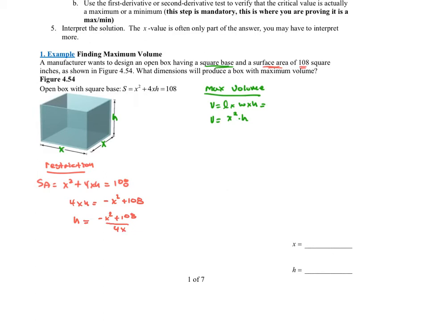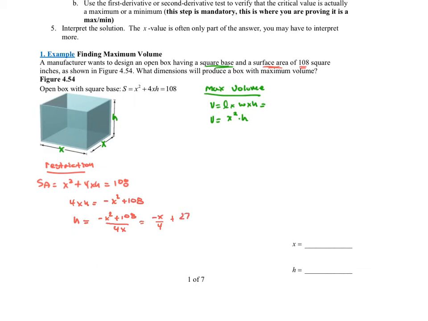Or if you want to simplify that, you could separate it and simplify it. I guess, why not? So this would be negative x squared over 4x, which would be negative x over 4. And then 108 over 4x, which would be, well, 108 divided by 4 is 27.